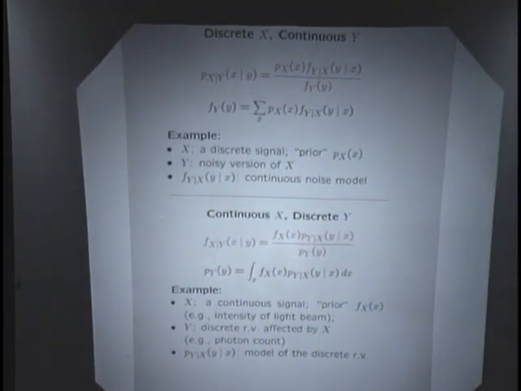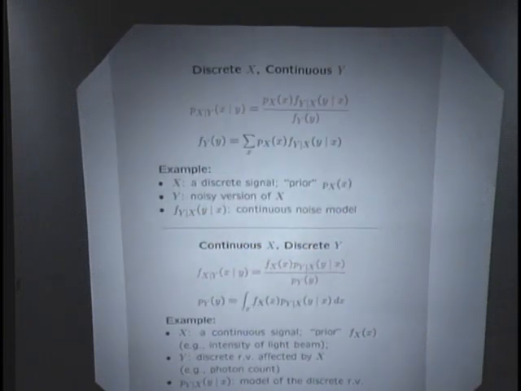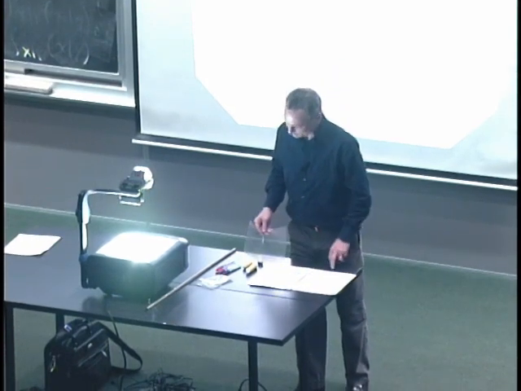This might not always be easy. For example, there are certain integrals or sums that have to be evaluated, which may be hard to do. So the subject is a lot richer than just these formulas. On the other hand, at the conceptual level, that's the basis of Bayesian inference. These are the basic concepts.